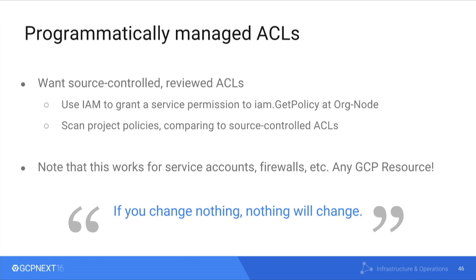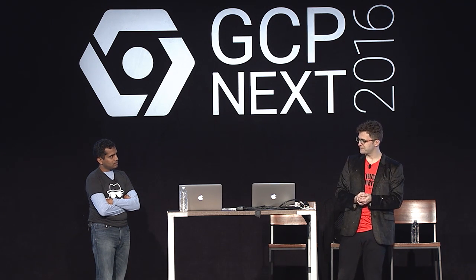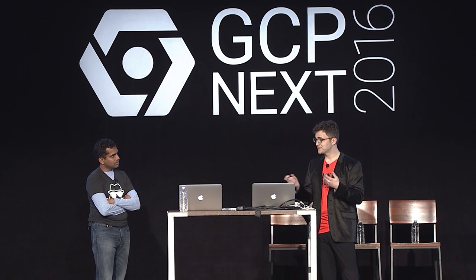We couldn't ensure that; all the policy updates had to be done by hand. Now we can programmatically manage ACLs and other things, so we can write tooling that pulls from our source control system, scans all the projects, and makes sure they look as we think they should be configured. If they're not, we alert, or we can even use organizational level powers to set them as we need them. Sounds cool.